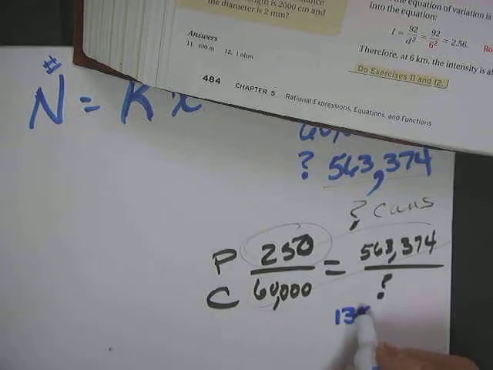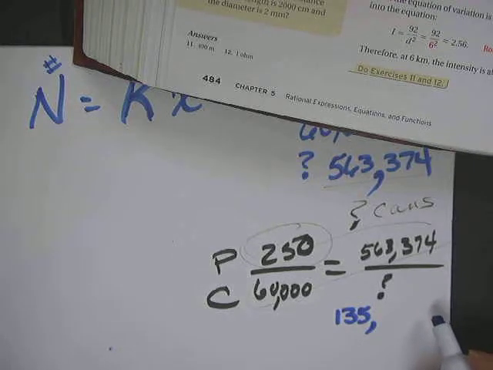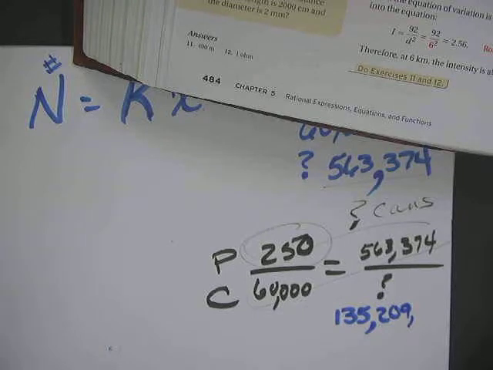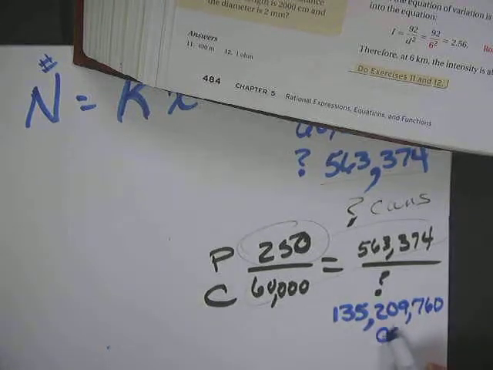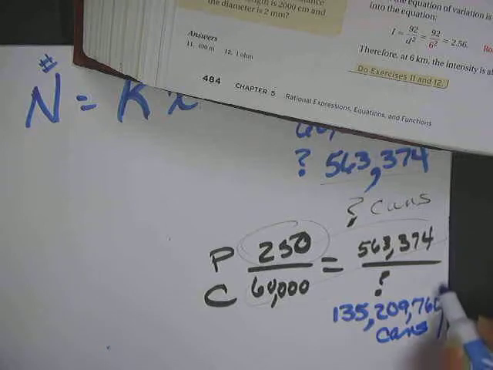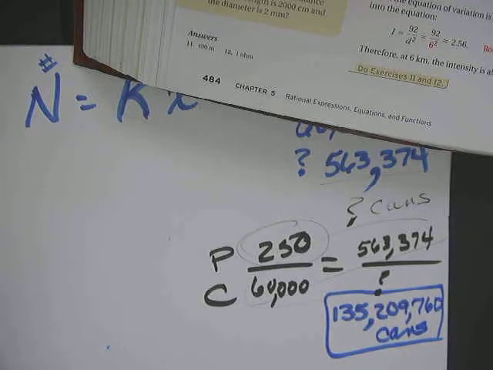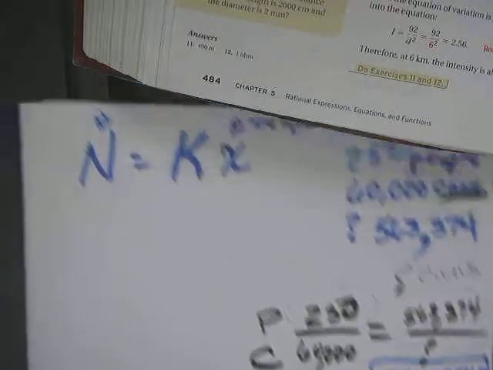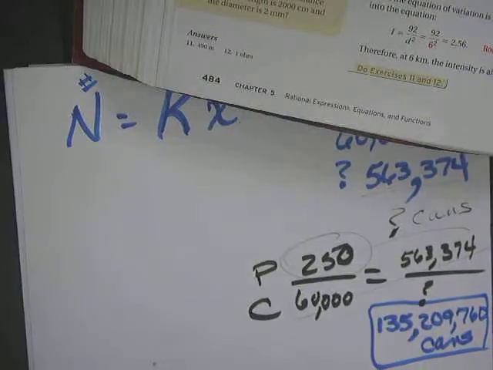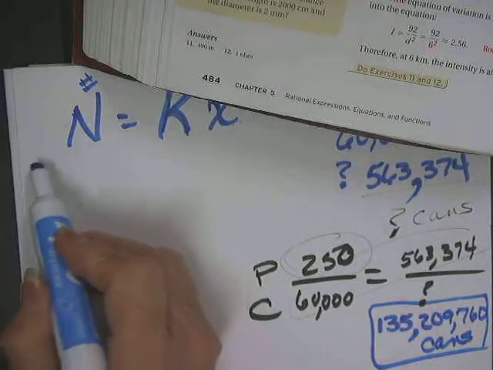Multiply, divide, right? 135 million, what? 209,000. Did you guys do it yet? 135,209,760. That's the number of cans that you would use.